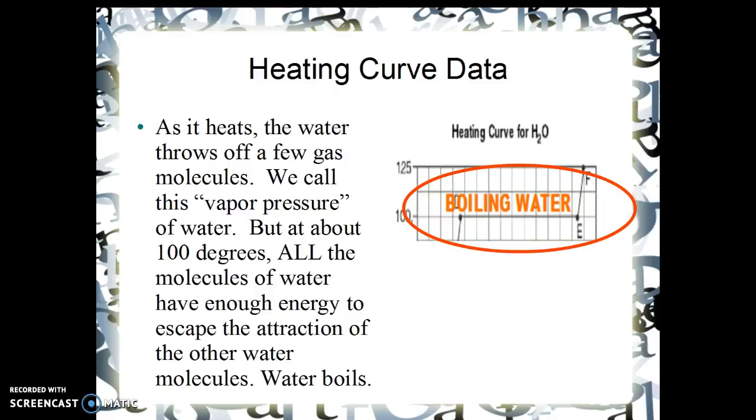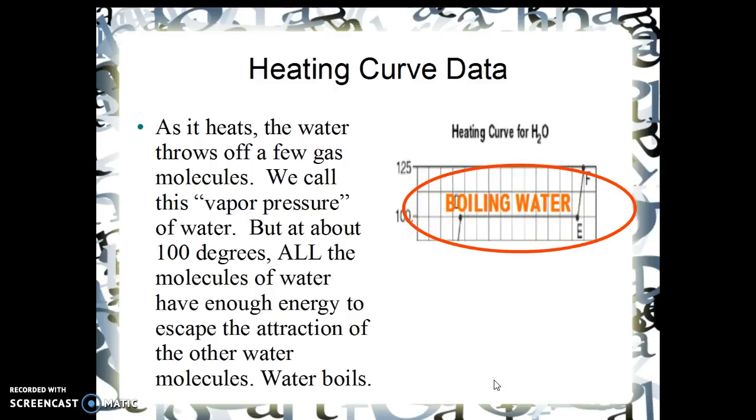We call this the vapor that's creating the vapor pressure of water. But at about 100 degrees, and that depends on the atmospheric pressure, all of the molecules of water have enough energy to escape the attraction of the other molecules, and you see this rolling boil because steam is forming in every part of the liquid.